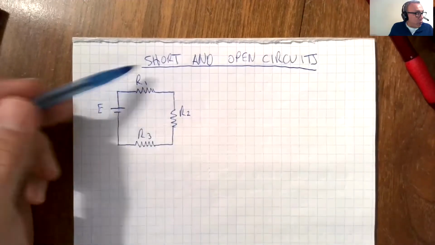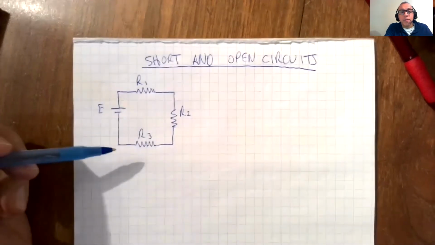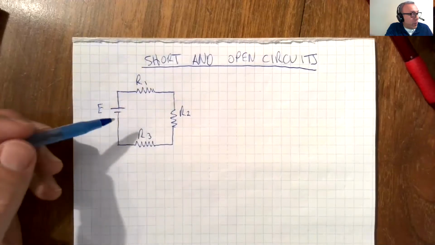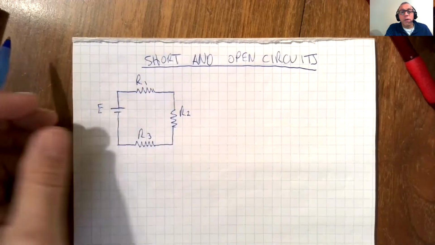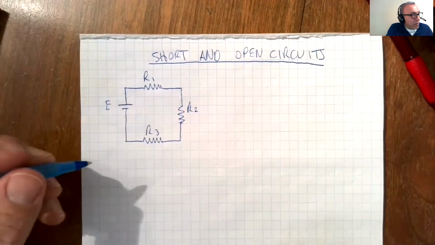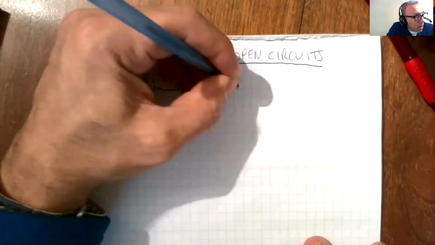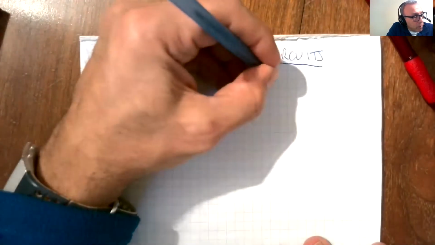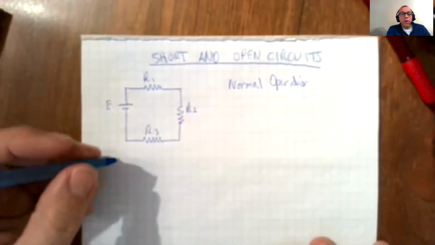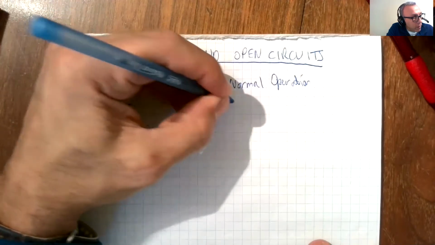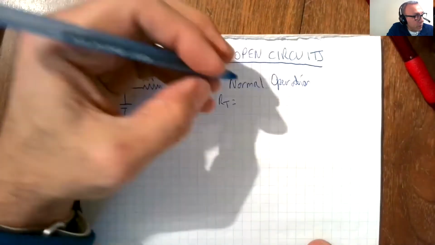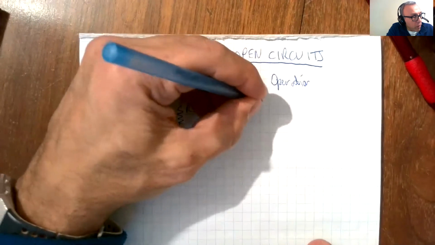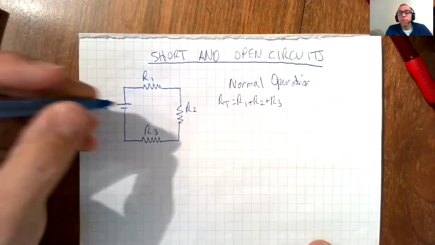What we have here is just a regular series circuit with E, R1, R2, and R3. In normal operation, RT is equal to R1 plus R2 plus R3.